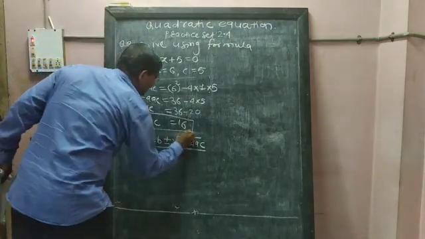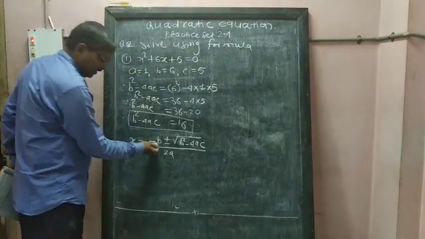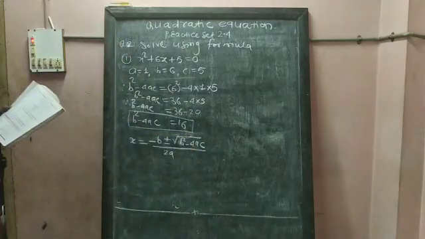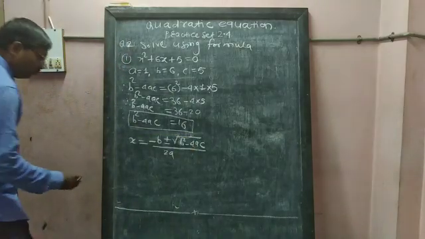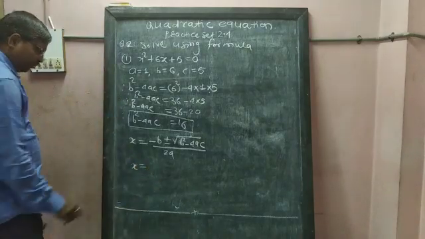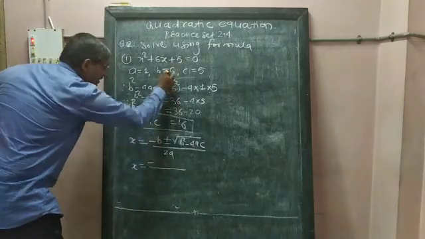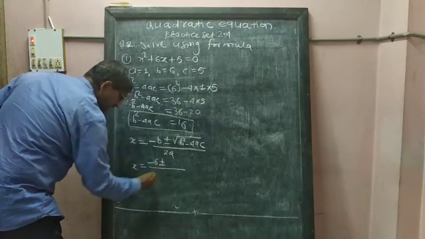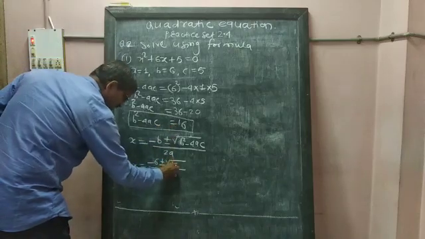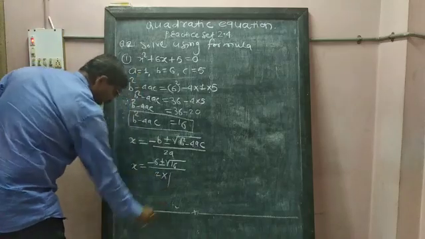So the answer is kept in a rectangle. What is the formula? X is equal to minus b plus minus under root b square minus 4ac upon 2a. We should put the values here. X is equal to minus b, the minus sign as it is, b means 6, plus minus under root. Now b square minus 4ac is 16, and 2a, a means 1.